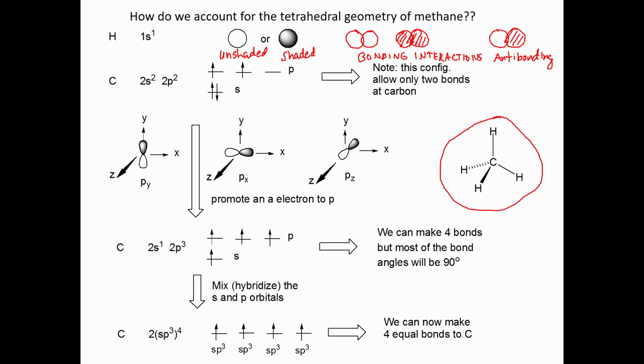All right, carbon has s and p orbitals in the valence shell, in the second shell. This is the ground state configuration of a carbon atom. This is what a carbon atom looks like. The s orbitals are lower in energy than the p orbitals.